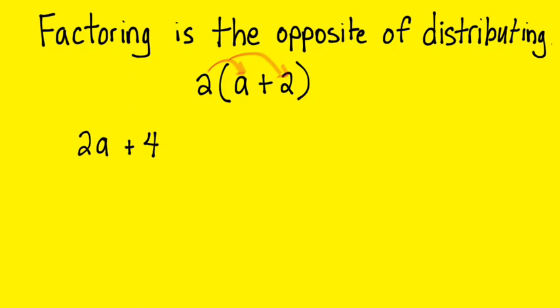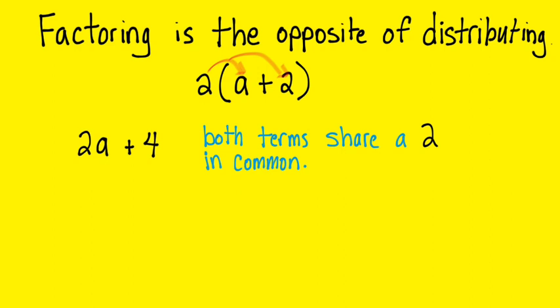Well, this time, when we are factoring, we are reducing or dividing off something that they have in common. So they both have a factor of 2. So we can divide off the 2.